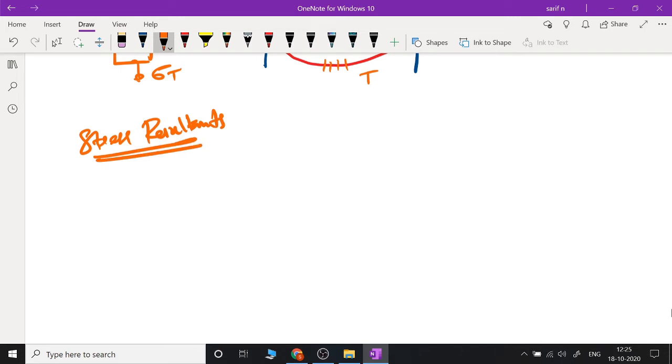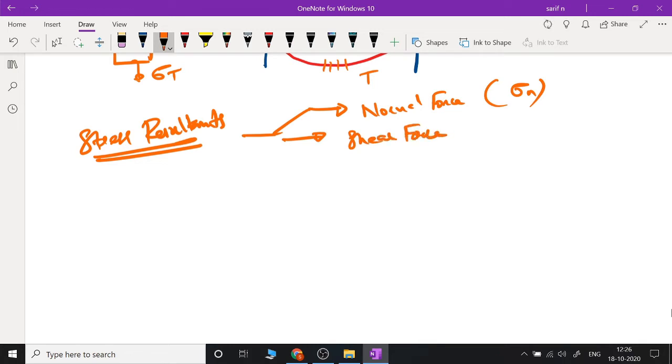In every cross section, there will in general be three stress resultants. One is known as normal force, which is the resultant of the normal stresses. The second one is known as shear force, which is the resultant of the shear stresses.